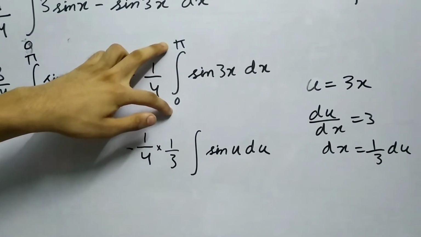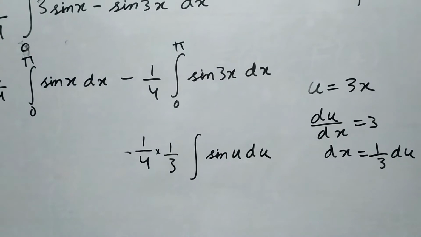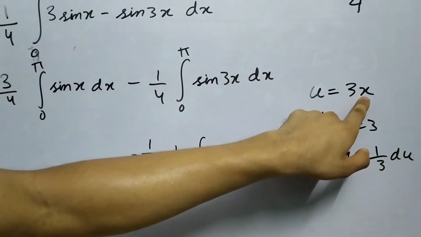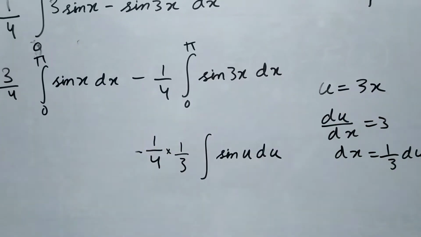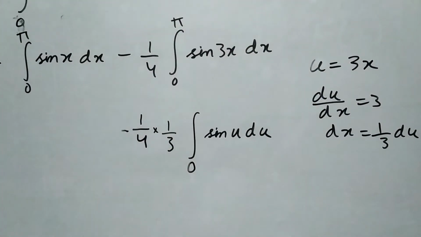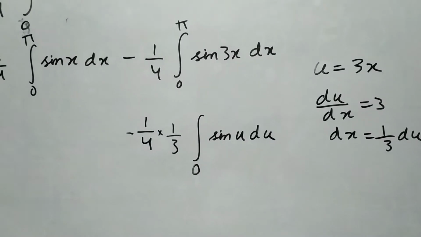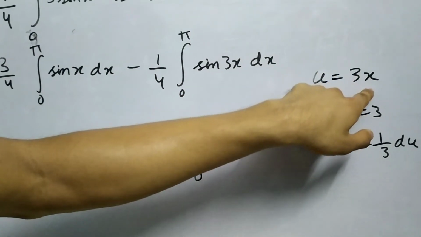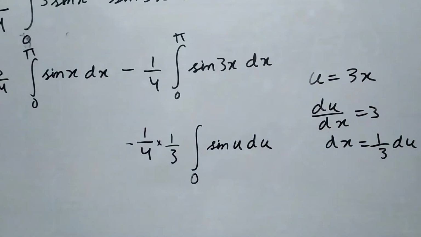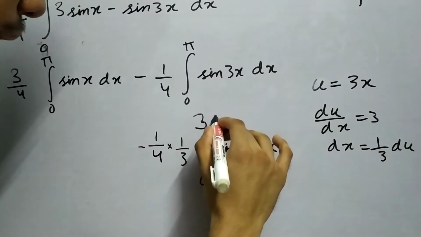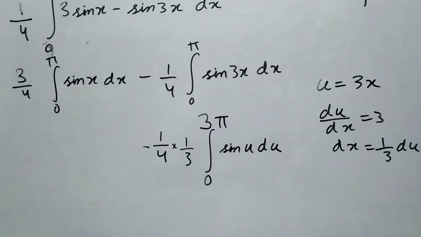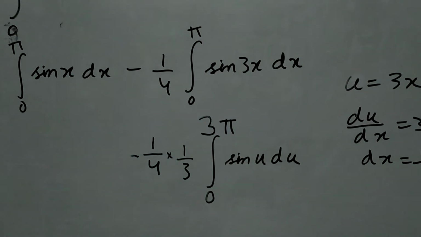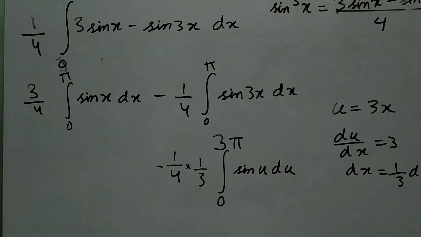So what will be the limits imposed on u? When x is equal to 0, u is equal to 0, and when x is equal to pi, u will be equal to 3 pi.